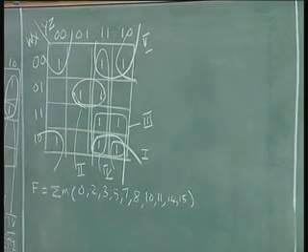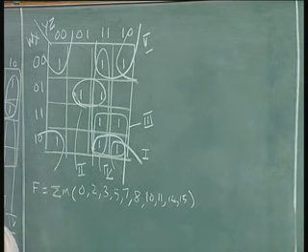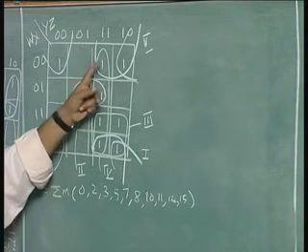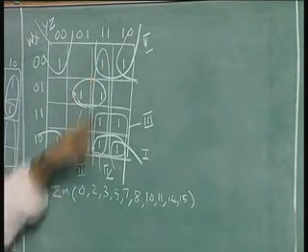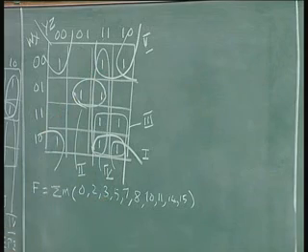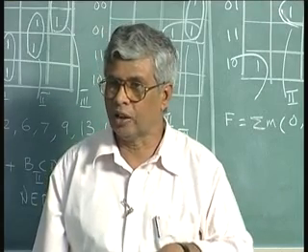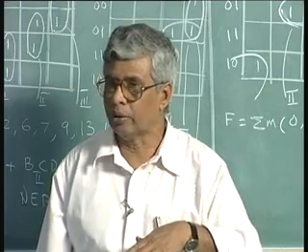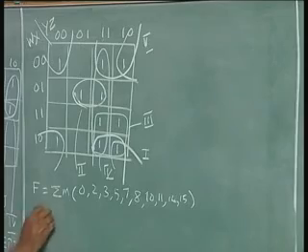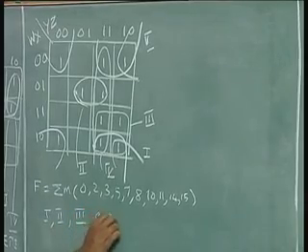So when 4 and 5 are 2 options of covering this minterm represented by this 3, then it is not an essential prime implicant. 4 and 5 are not essential prime implicants. Sorry, non-essential prime implicants. So 1, 2, 3 are EPIs.